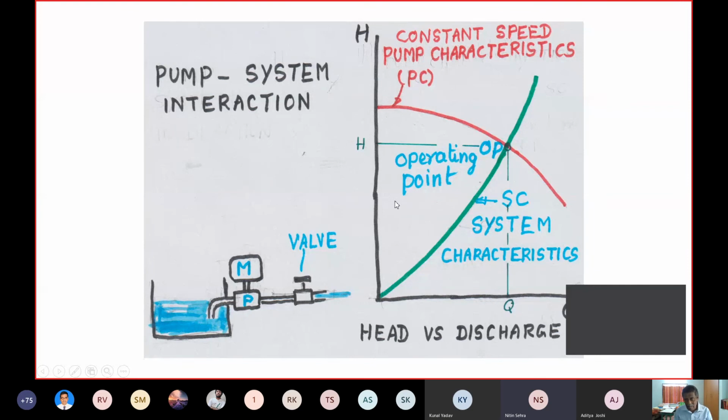Okay. Now, see, when you do this experiment, I think how it is done is you run the pump at constant speed, so you have pump running at constant speed. So you control the discharge by varying the valve position. So you have a set of variables, head and discharge.